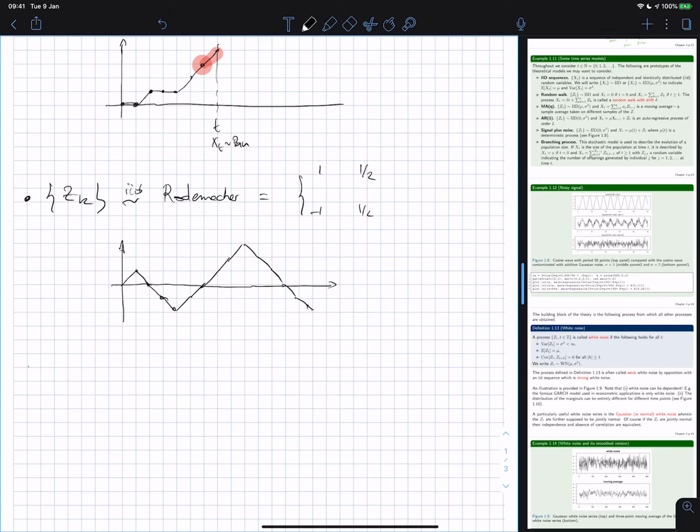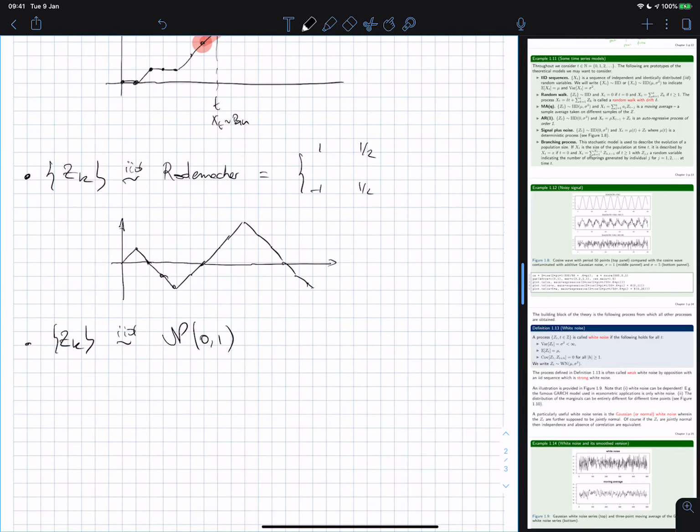Another example that you could take would be to take the zk's IID normal. But then in this case, it's a bit weirder because you start, of course, in 0. But the next step you could be anywhere on the real line. The next step you could be anywhere here. And it would be much more jumpy, like this.